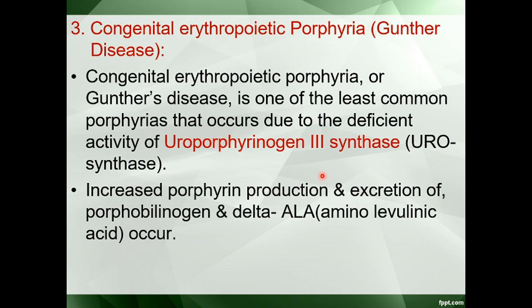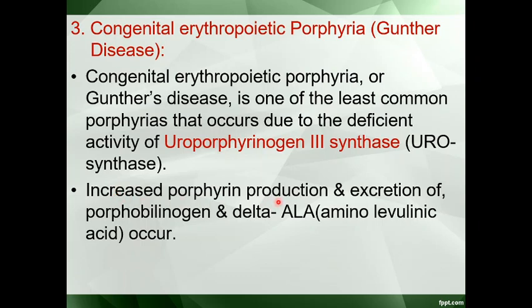Congenital erythropoietic porphyria, also known as Gunther disease, is the least common type of porphyria, and it results from a deficiency of the uroporphyrinogen 3 synthase enzyme.